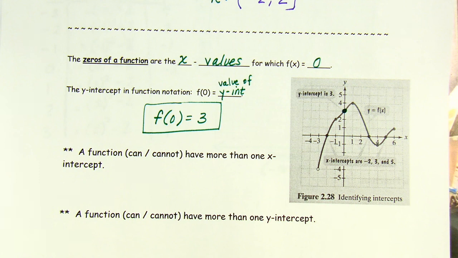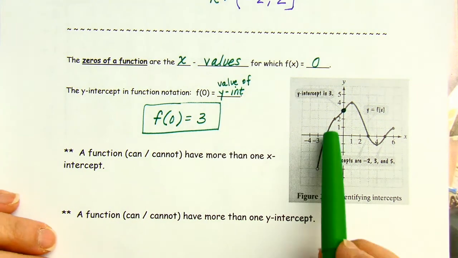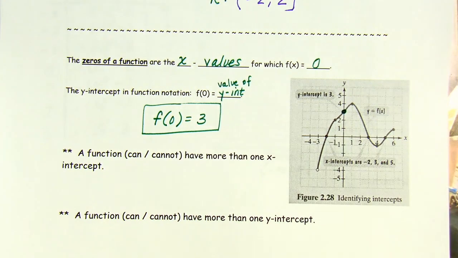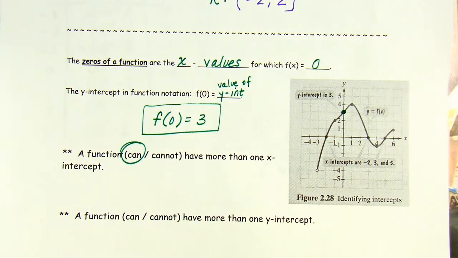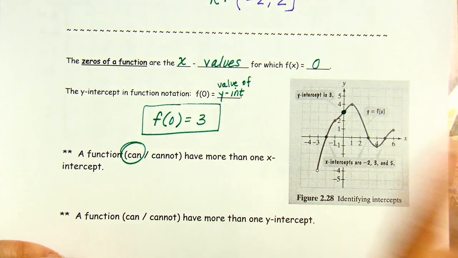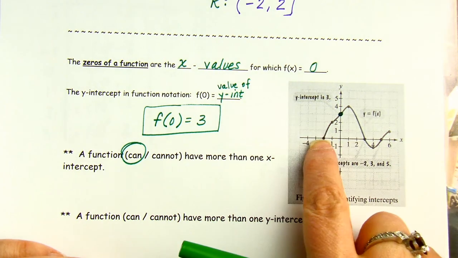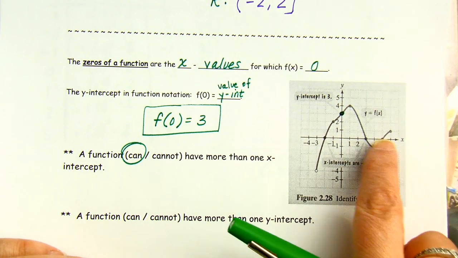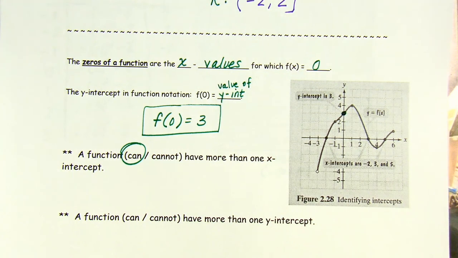And you say, why, sure I can. I've got 1, 2, 3. So a function can have more than one x-intercept. All right, right? Because if I look at these ordered pairs, this is -2, 0, 3, 0, 5, 0. The y's can be repeated, just not the x's.